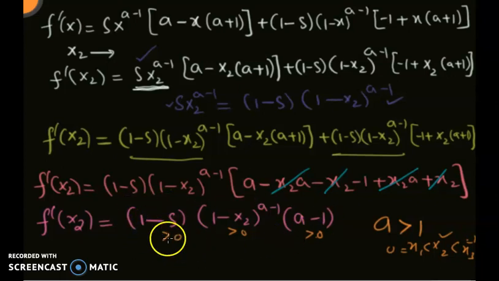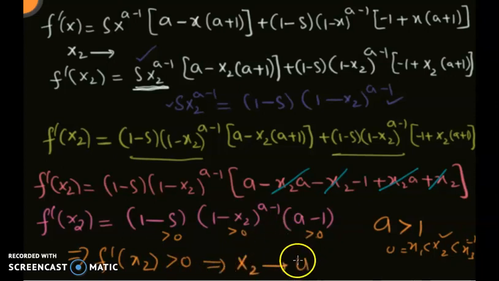So the product of these three positive numbers is positive, and this implies that f prime at x2 is positive, and hence from the linearization theorem we can conclude that x2 is an unstable equilibrium point or equilibrium solution.